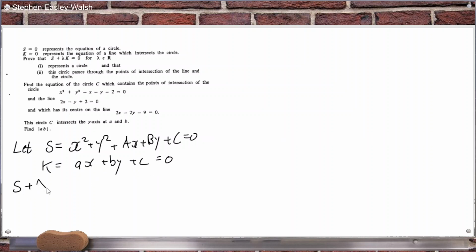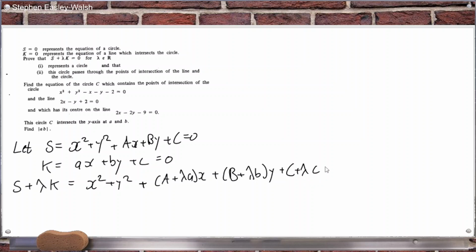So S plus lambda K would be x squared plus y squared plus ax plus by plus c. Oh, I forgot my lambda because it's lambda K. So lambda ax plus lambda by plus lambda c.